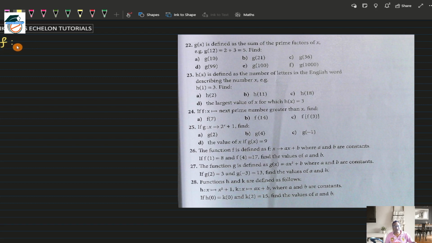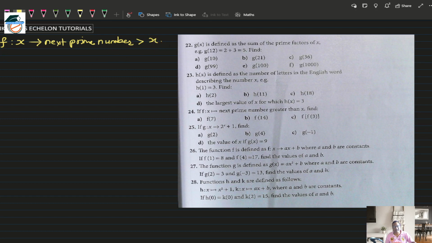This is a notation where it is read as f is a function with domain x, and the formula for the function is given as the next prime number greater than x.